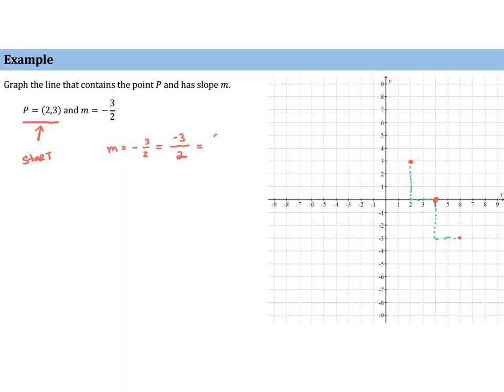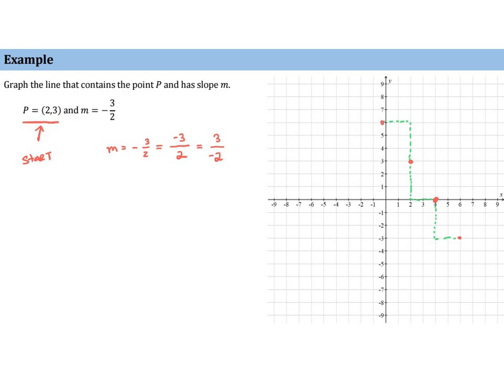Now, you could also put the negative in the denominator. And so that would be up 3 to the left 2. So I'll start back at that starting point of (2, 3). I'm going to go up 3 to the left 2.